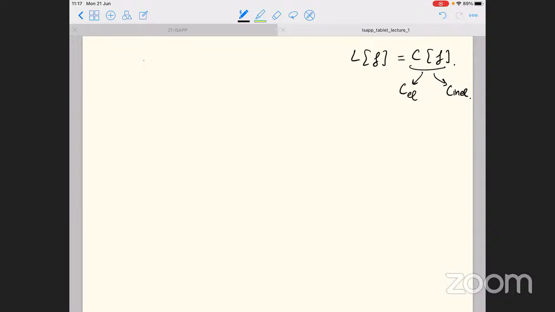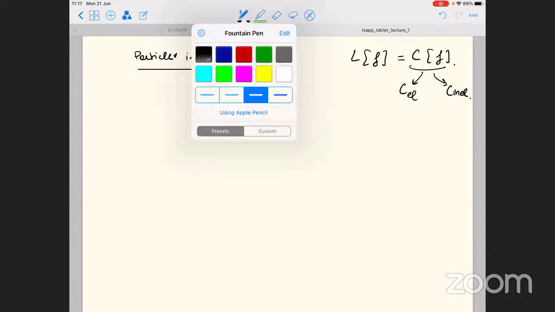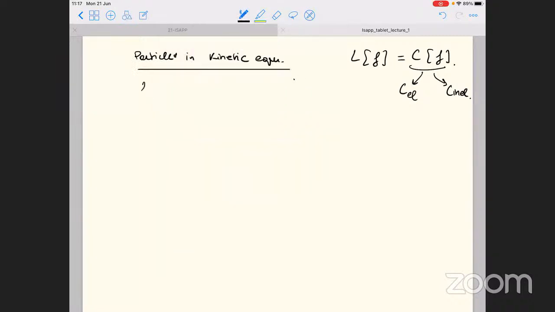If the particles are in kinetic equilibrium, on very general grounds you can write your distribution function for fermions or bosons as the usual Fermi-Dirac or Bose-Einstein distribution.